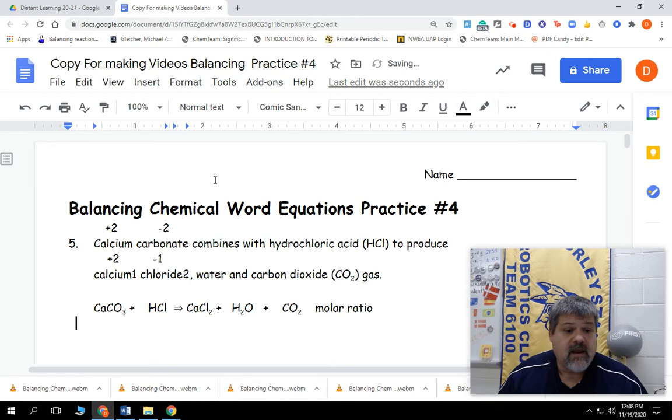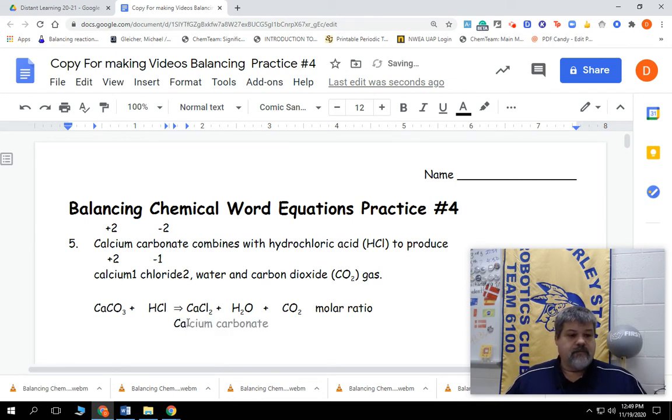So we're going to go ahead and get all the way over to the arrow, and we're going to put in what we have on each side. Now again, if I have a polyatomic ion on each side, like carbonate, I can put it down. But notice that this is CO3 and this is CO2, so they're not the same. Okay. So we're just going to go ahead and put all the elements in.